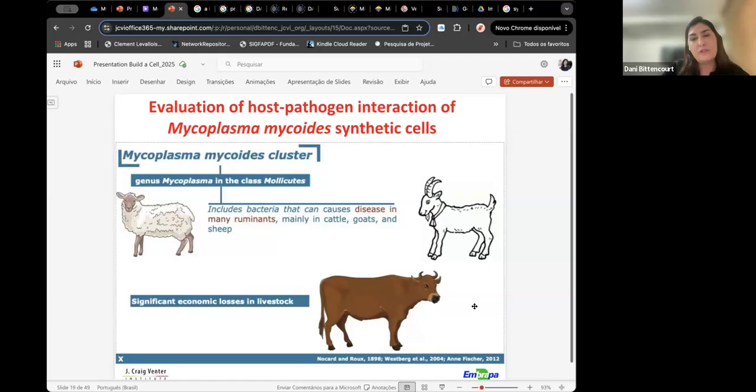So what we decided to do now is a second step in this work. All the other data was already published last year, but now these are the new data that we are putting together to try to understand if we will be capable of using those cells as possible vaccines against Mycoplasma.